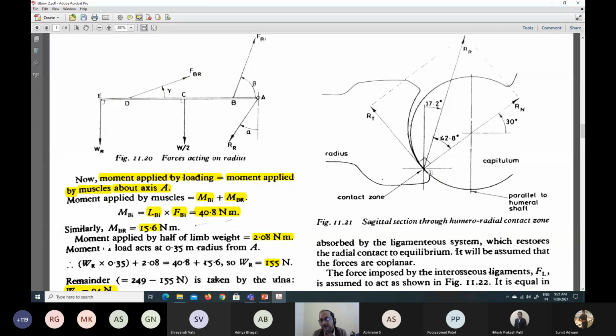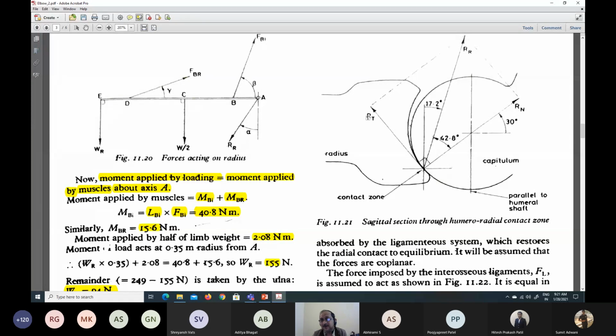So when we have this sagittal sectional view, then you can see that this resultant force, the humeroradial reaction force, is inclined at 17.2 degrees. And then we can actually resolve this RR into two components. One is the normal component, and another is the transverse component or the tangential component.